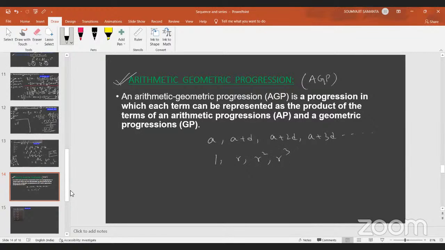If they are multiplied together, let's say a, then it is a plus d into r, then a plus 2d into r square, then a plus 3d into r cube, and then it continues. Then only we can say this type of progression is known as AGP.